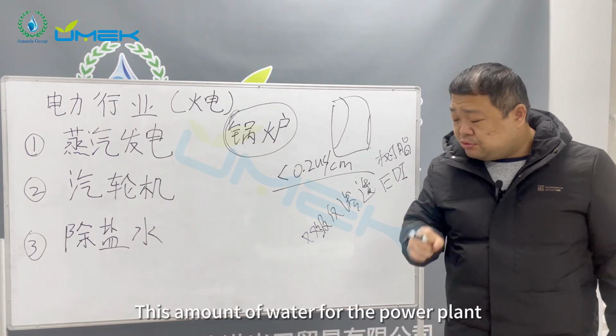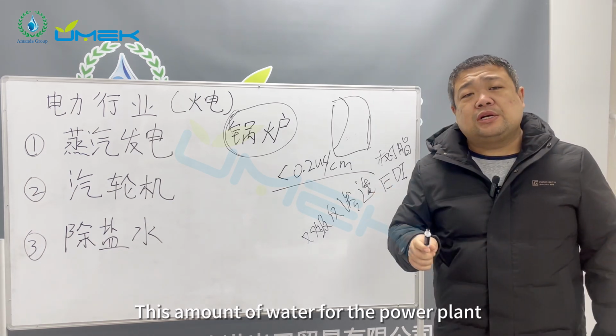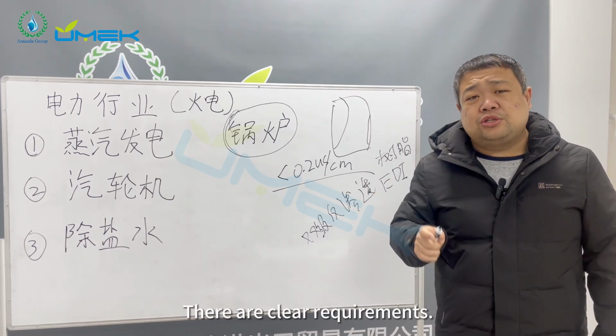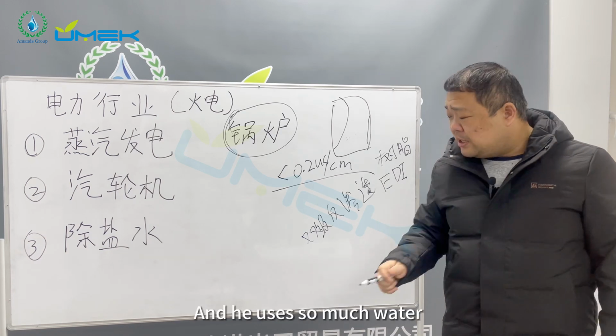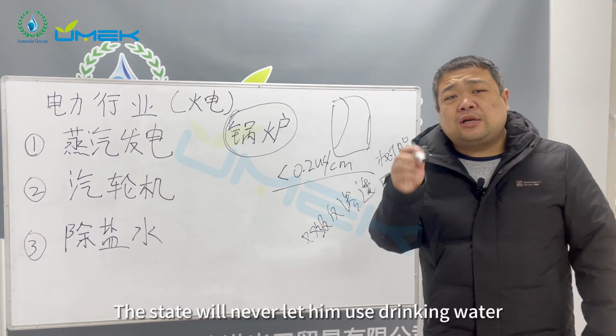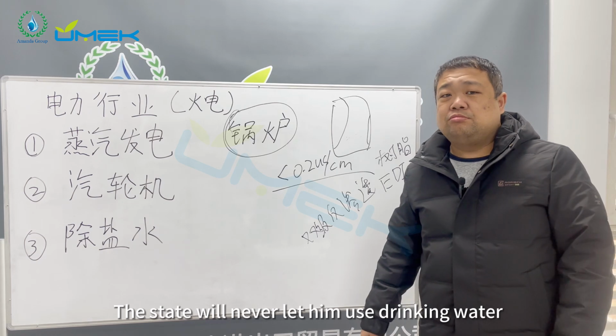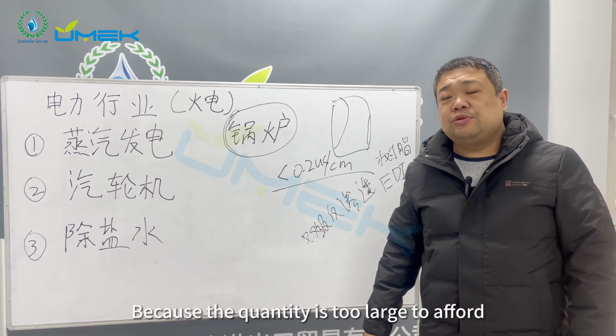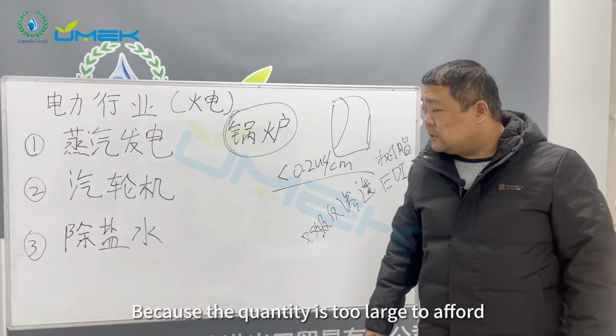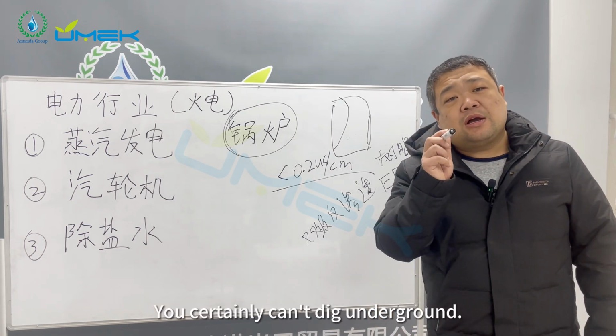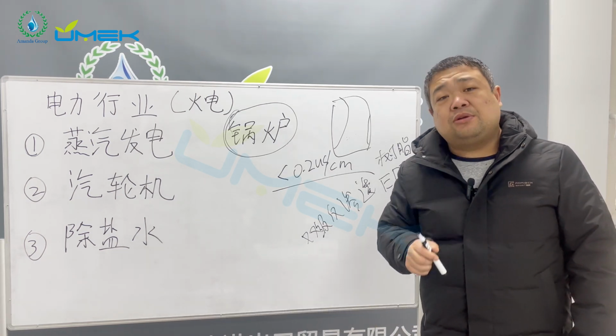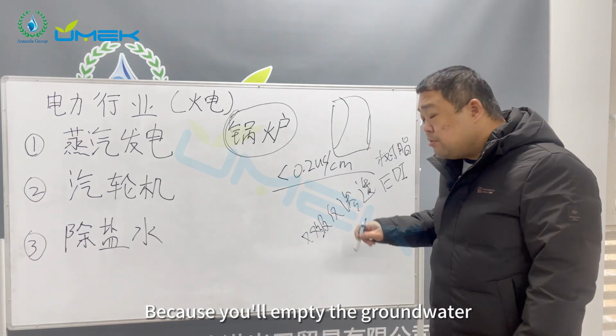In our country, there are clear requirements for this amount of water for the power plant, and he uses so much water. The state will never let him use drinking water because the quantity is too large to afford. You certainly can't dig underground because you'll empty the groundwater.